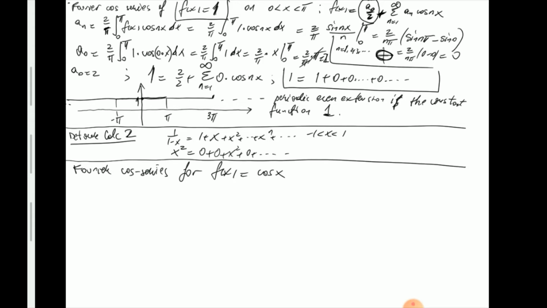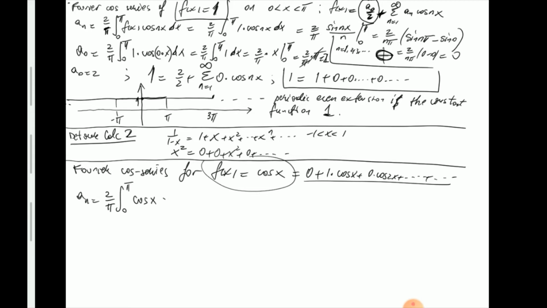Again, at this point, it shouldn't take too much to realize that this is going to be a 0, the first term, plus 1 times cosine of x, plus 0 times cosine of 2x, and so on. And in fact, just for fun, just for practice, let's pretend we don't realize this beforehand, and let's apply the formula. So in this case, the formula for the Fourier coefficient will be 2 over pi integral from 0 to pi cosine of x cosine of nx.